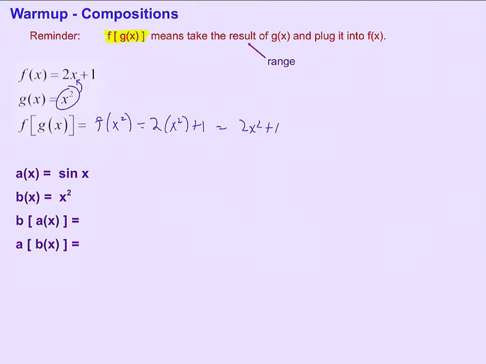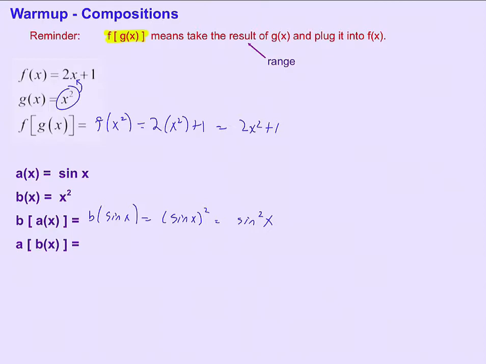If we do b of a of x, that means we are taking a of x and plugging it in for x into b, which means plugging sine of x in to x squared, which means we have the sine of x squared, which we don't usually write like that. We usually write it as sine squared of x, but they mean the same thing.